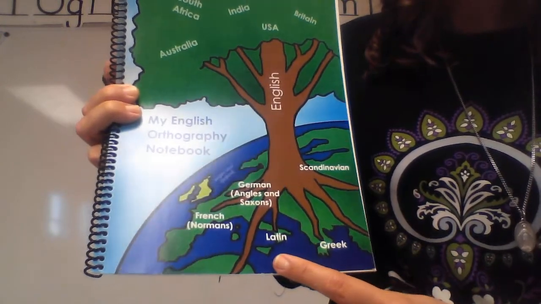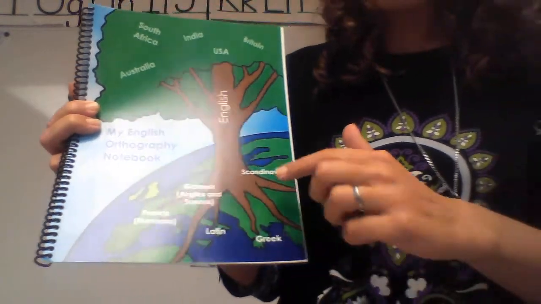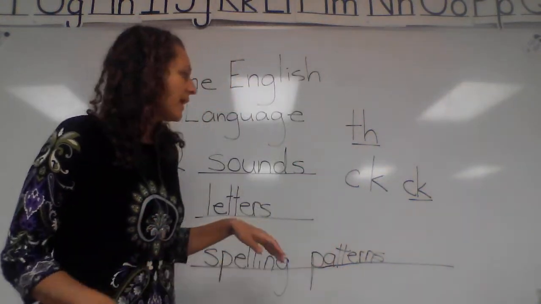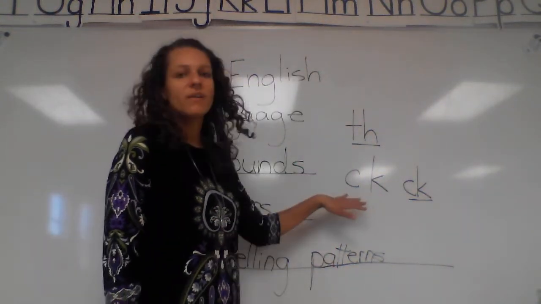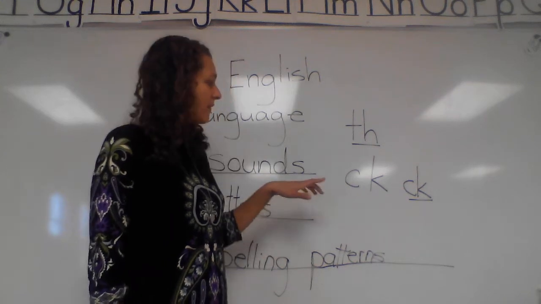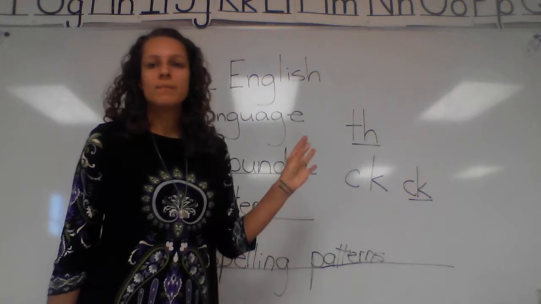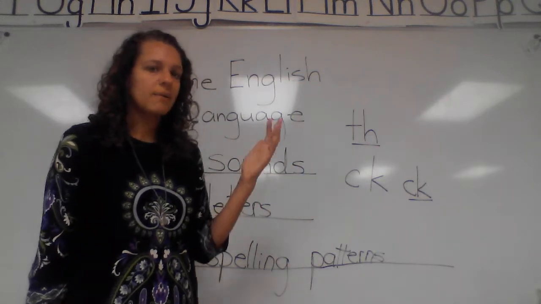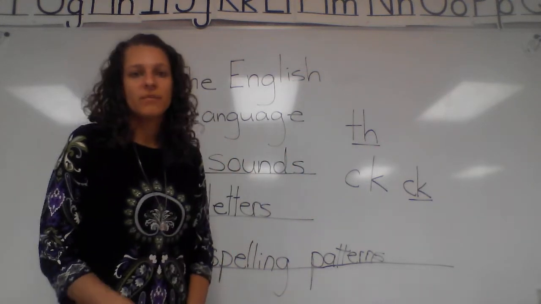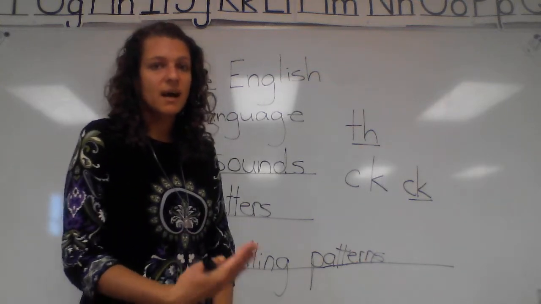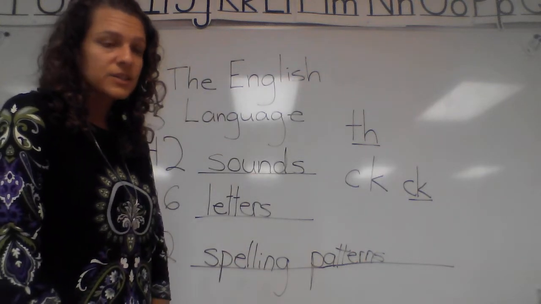Greek and Latin, French, German. So that's why we have so many different ways that we can write different sounds, because some come from Greek, some come from Latin, some come from German, and the other languages that all helped make up English.